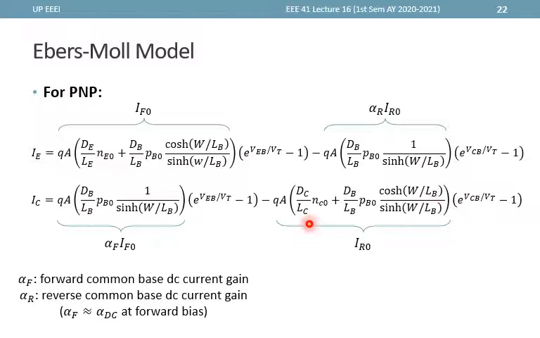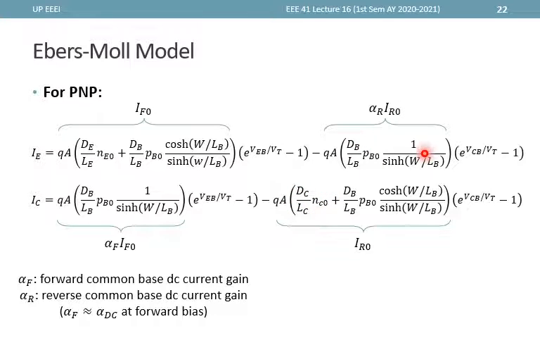observed in these terms. So if this is alpha R IR naught and alpha R is something less than 1, then this whole term must be less than this whole term, which is a bit obvious because of this additional term here.